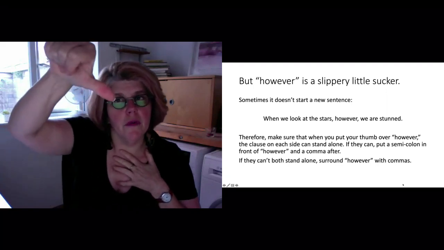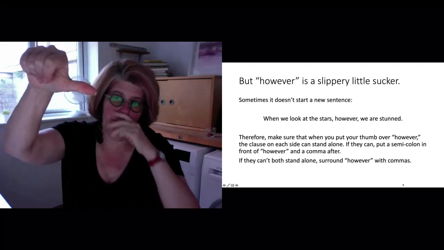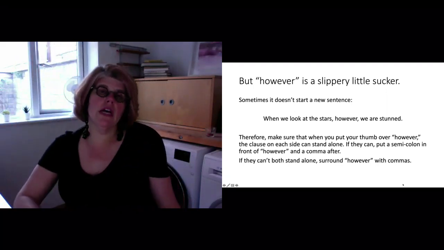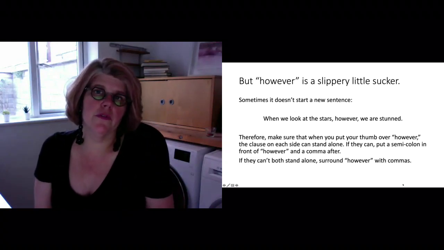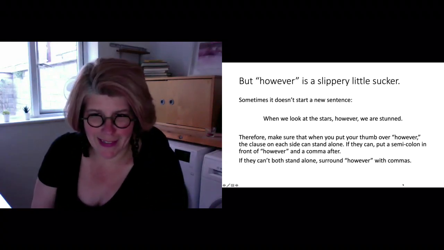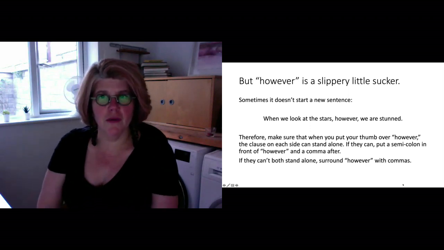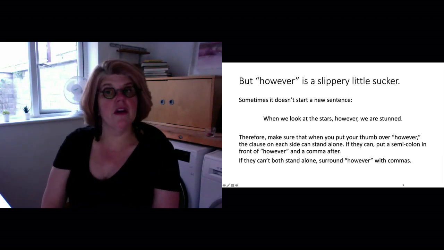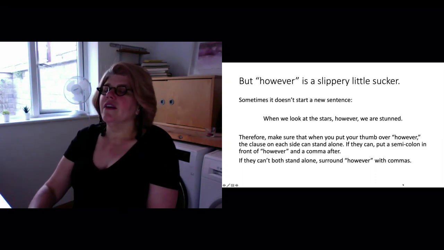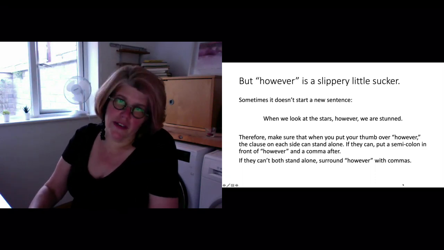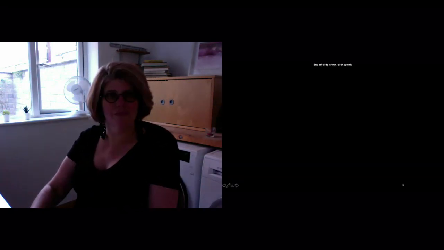But if you put your thumb over "however" and they can't both stand alone, surround "however" with commas, which in the Renaissance period would be "comma it." Surround it with commas. "However" is becommed. Although sometimes, to be fair, it is be-semicolon, but only on one side.